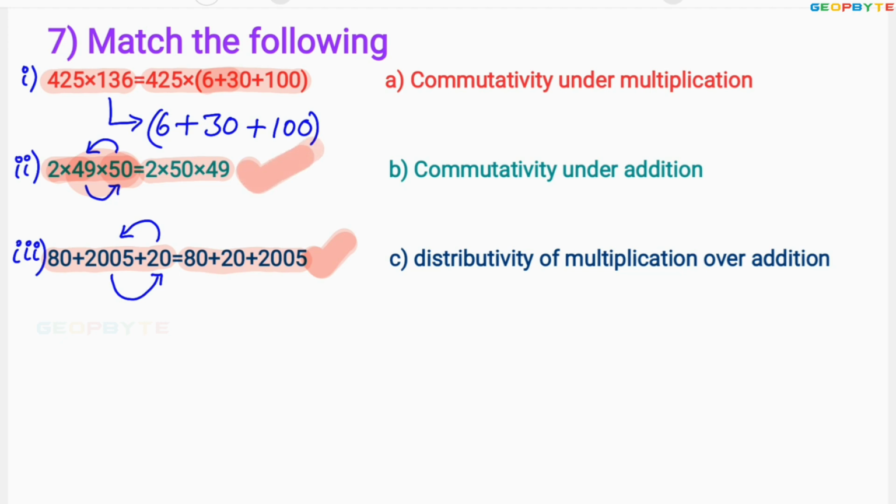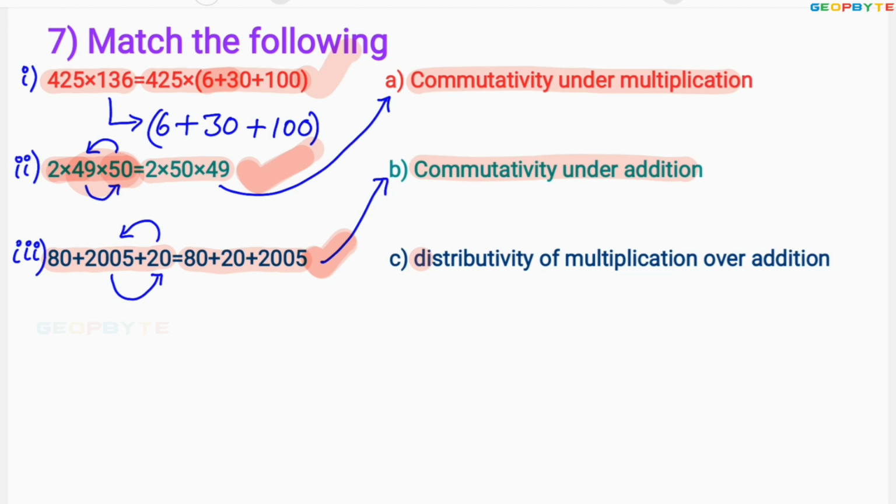So this is connected to commutativity under addition. This is connected to commutativity under multiplication. This is connected to distributivity of multiplication over addition. Now come to the A, commutativity under multiplication. So commutativity under multiplication is linked to this one. Next, commutativity under addition is linked to this one.